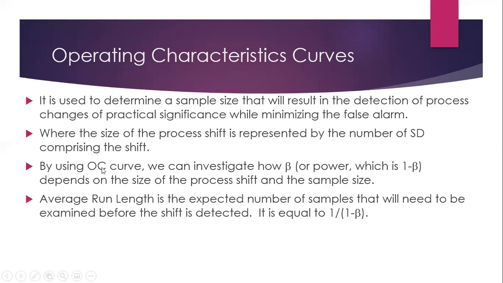By using the operating characteristic curve, we can investigate how beta, and the power is given by 1 minus beta, depends on the size of the process shift and the sample size. We can also calculate average run length, which is the expected number of samples that will be needed to be examined before the shift is detected. It is equal to 1 divided by 1 minus beta.